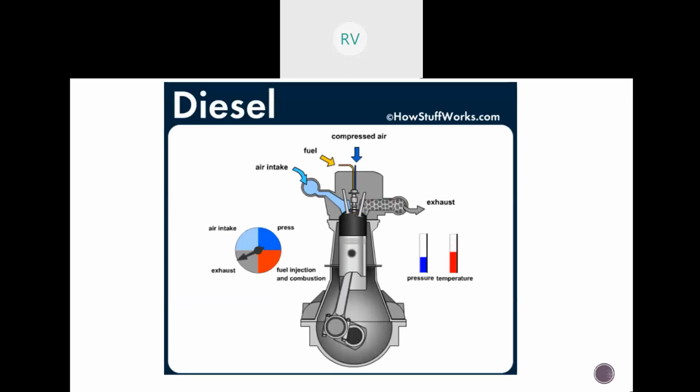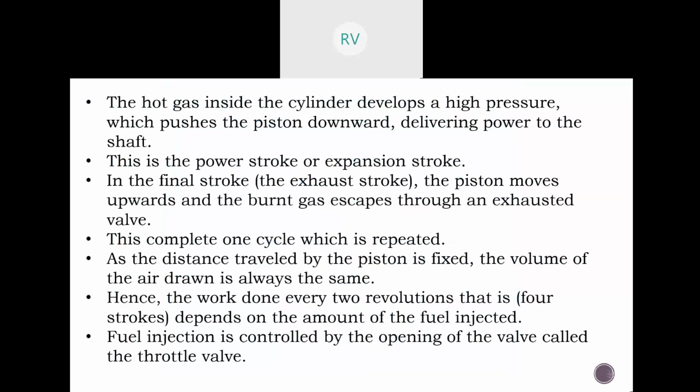As the amount of air that can be taken into the cylinder is a constant value, the amount of fuel dictates how much power is generated in this engine. So that throttle valve is the main valve for the control of the total operation.